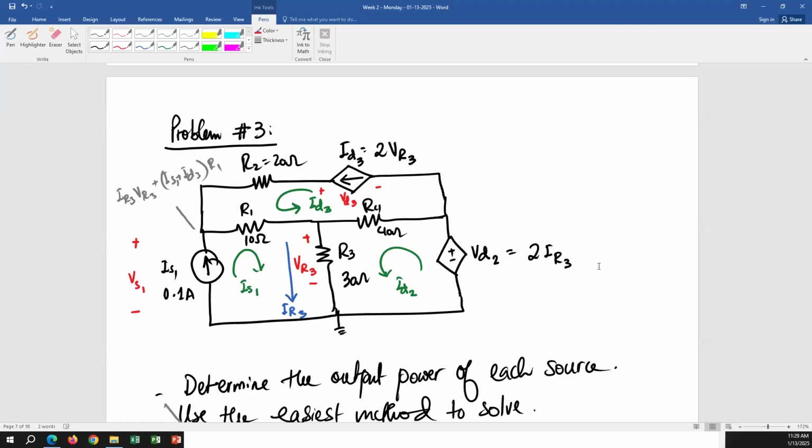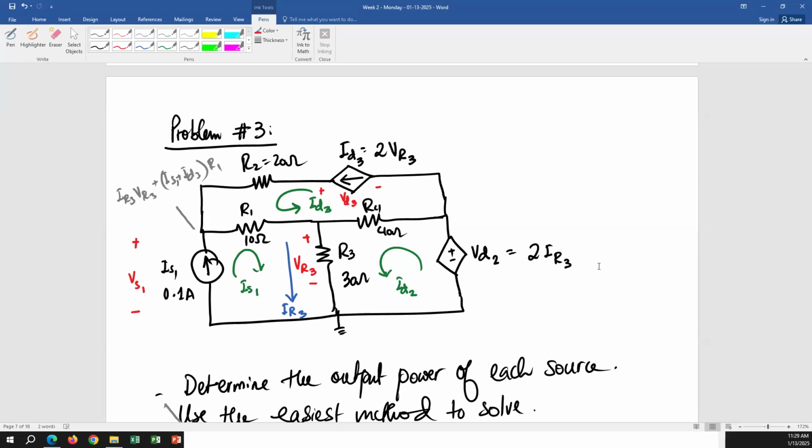But again, remember, stick with the basic concepts of the calculation of power. If it's a power supply, then of course you need both voltage and current of the power supply. If it's a resistor, you can use I squared R, or you can use the voltage across the resistor and the current passing through it. But for the power supplies, you must have both current and voltage to calculate power. If there is only one power supply and just resistors, then the power in all the resistors equals the power supplied by that single source, because conservation of power holds.